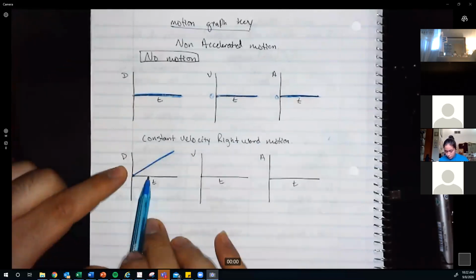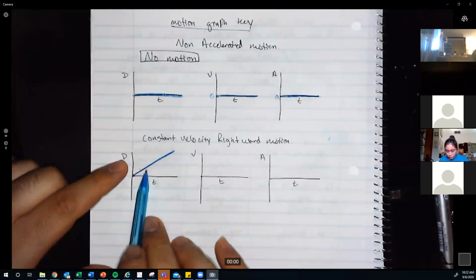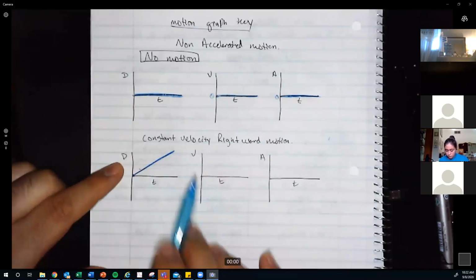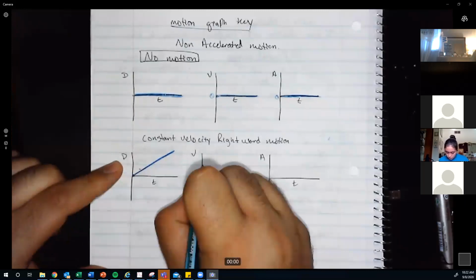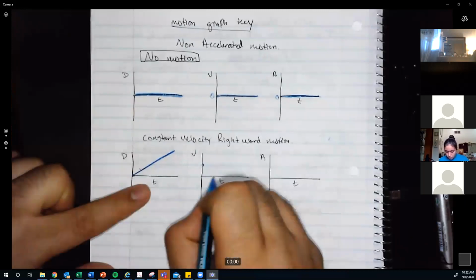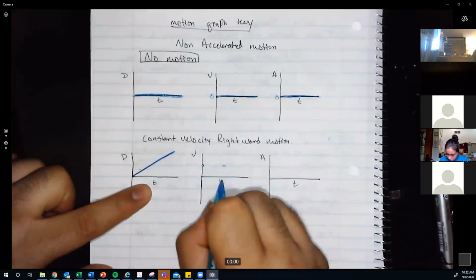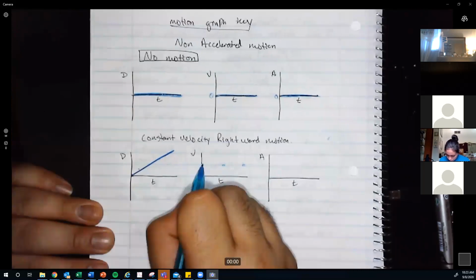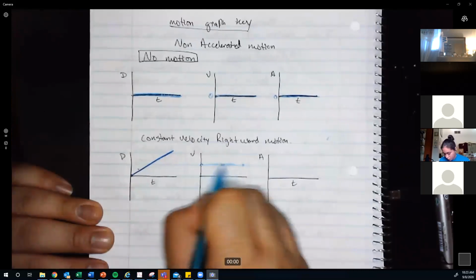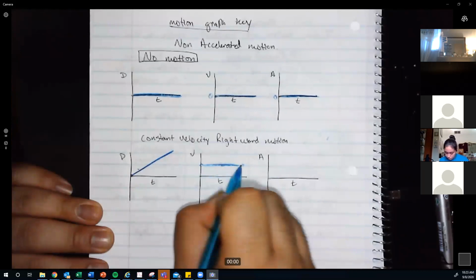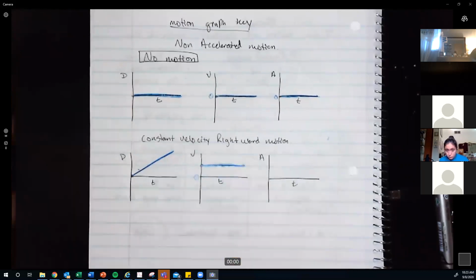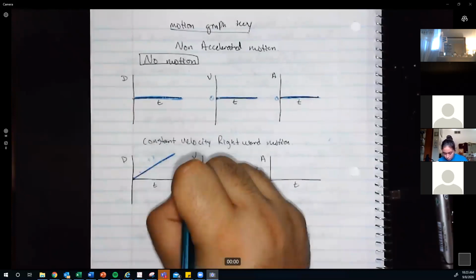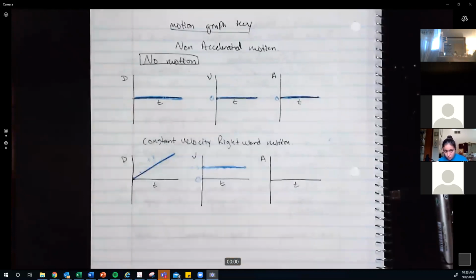Positive slope means you have positive velocity the entire way through, at the start, midway, and at the very end. So this should be a straight line above the origin. Whatever the slope is, let's say a positive 3 slope, this is going to be a positive 3 meters per second.